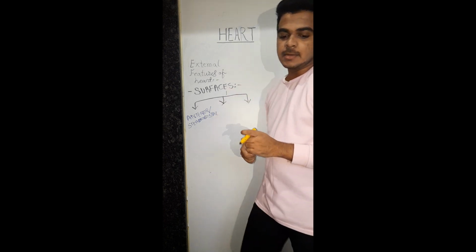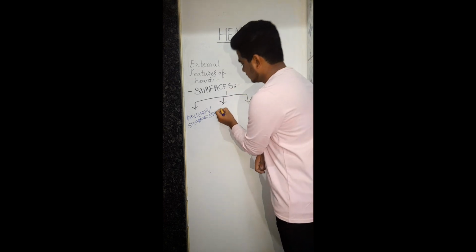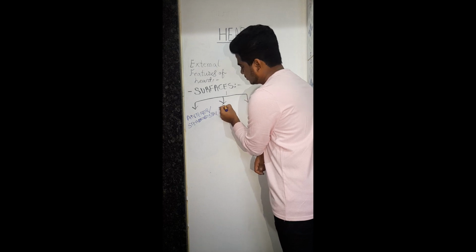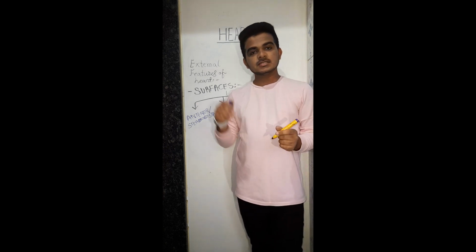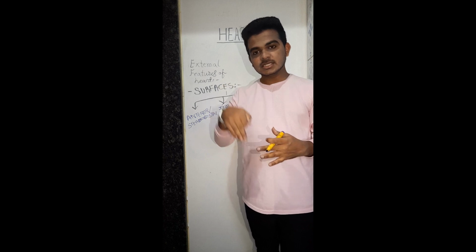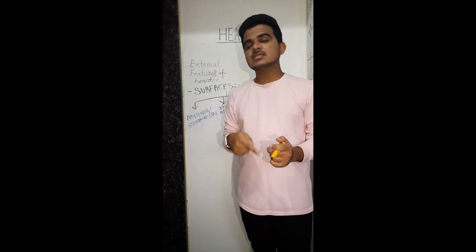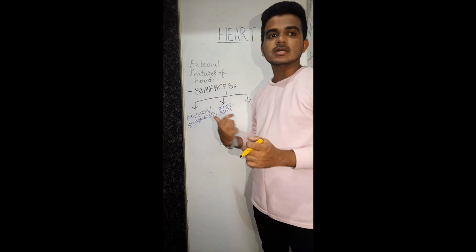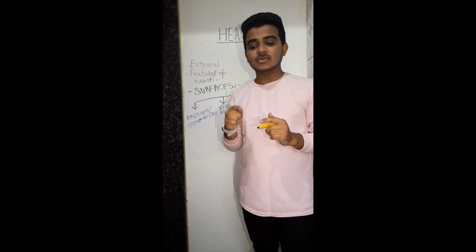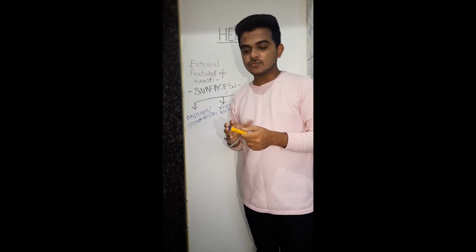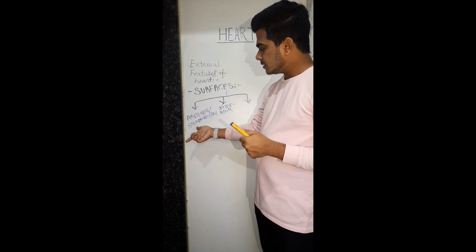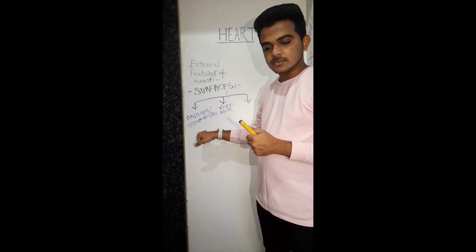Next, we can see the inferior surface. Inferior means downward side, just below the heart. There is one surface called the inferior surface. We will see it in detail also. So first, the anterior surface or sternocostal surface.